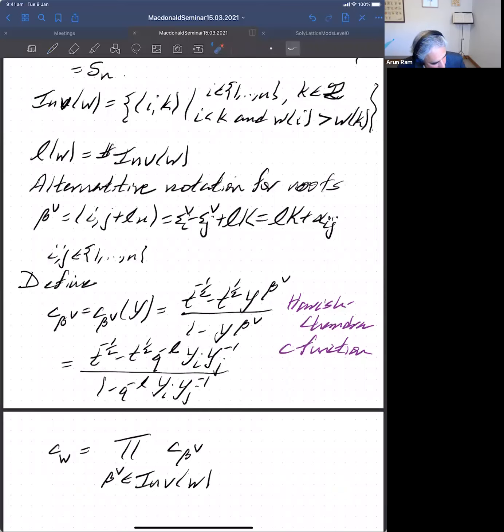We have these periodic permutations, and the periodic permutation has an inversion set, and we can build a C function for that periodic permutation just by taking the product of the C functions for the individual inversions. Okay, what I want to stress here is product.